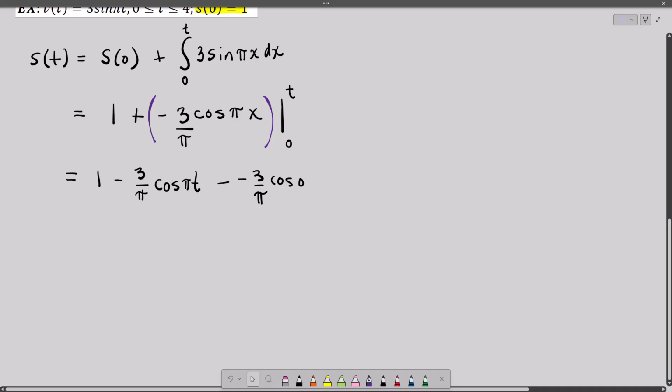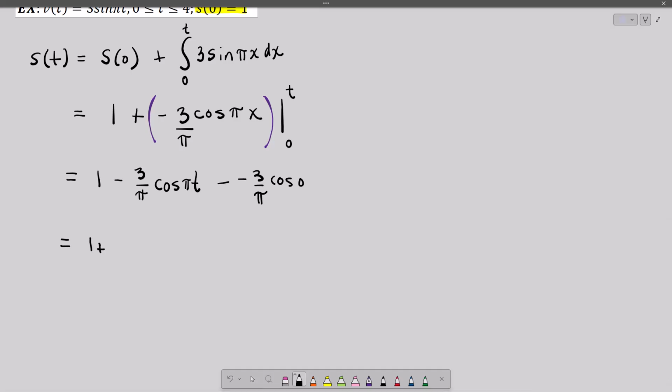Cosine of 0 is 1. I'm going to put the constants out in front here. So we're going to have 1. This is going to turn into a positive 3 over pi. So 1 plus 3 over pi. And then I'll put the variable here. So this is our function that's predicting the position at time t, where t is some number between 0 and 4.